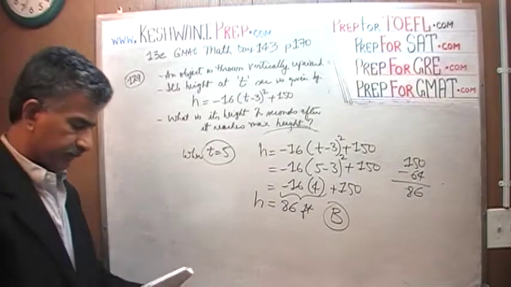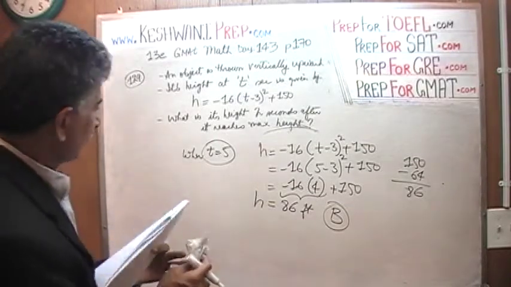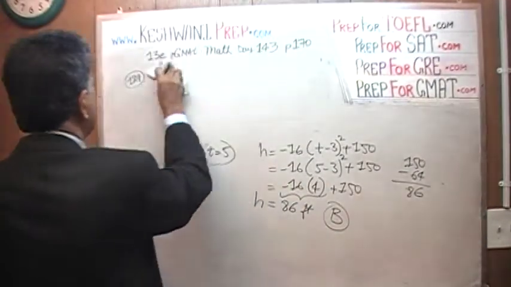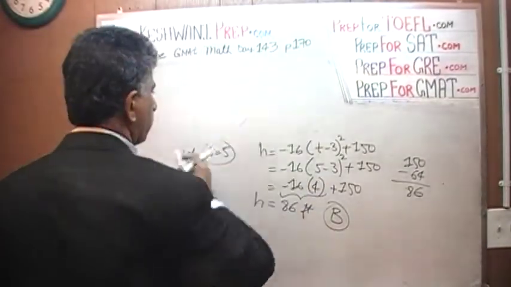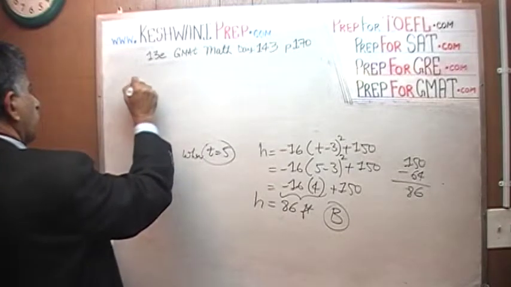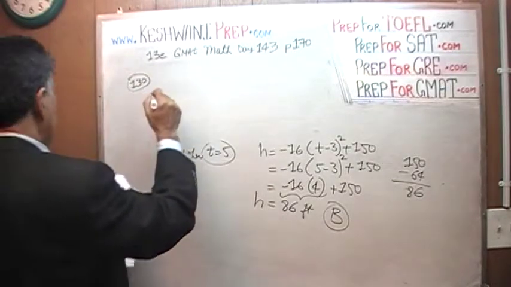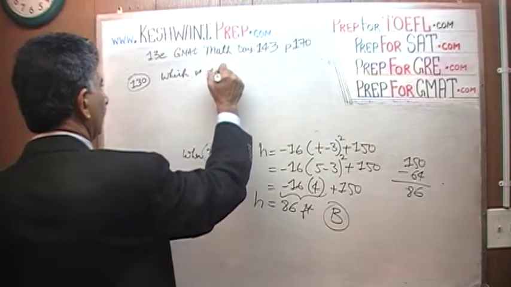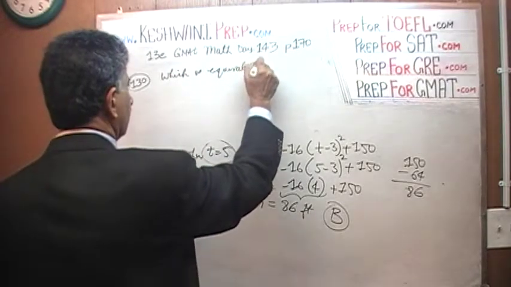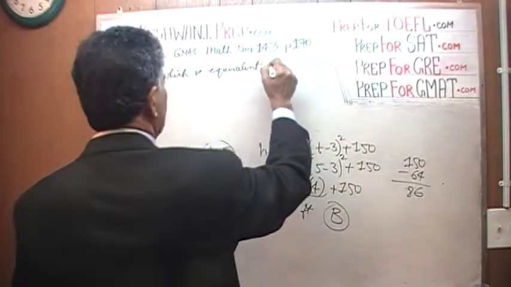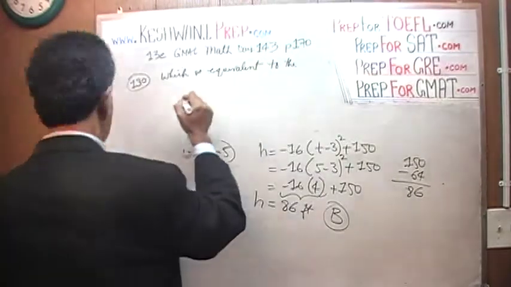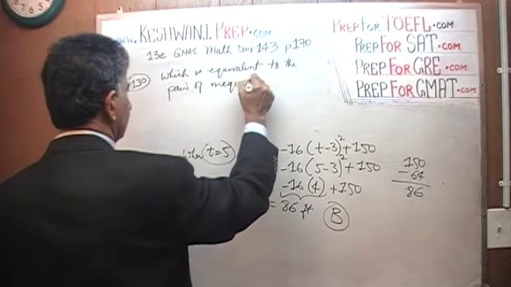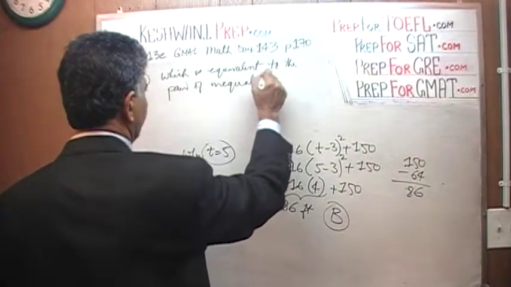Number 130 is quite straightforward and simple. We are told which is equivalent to the pair of inequalities.